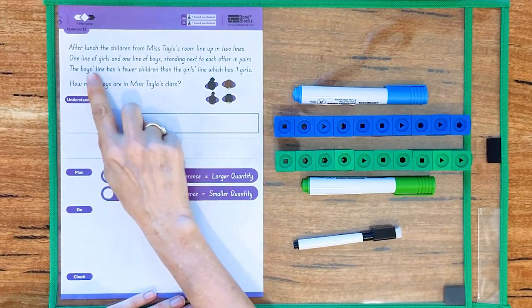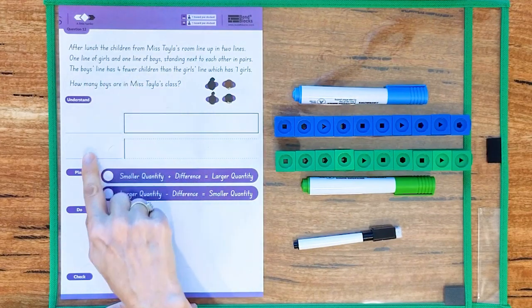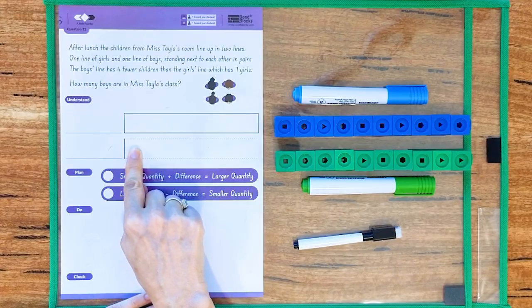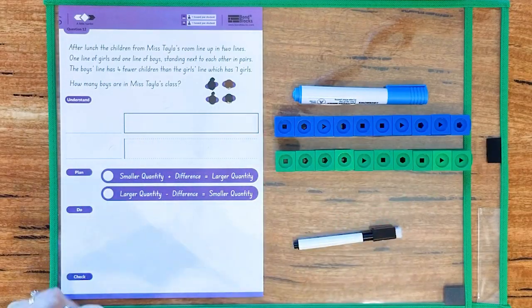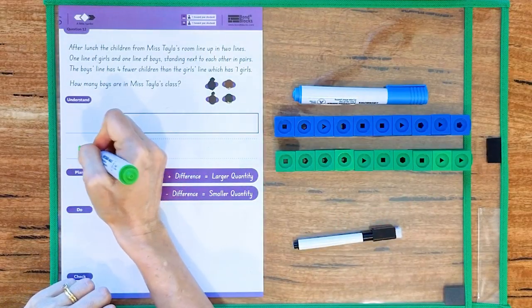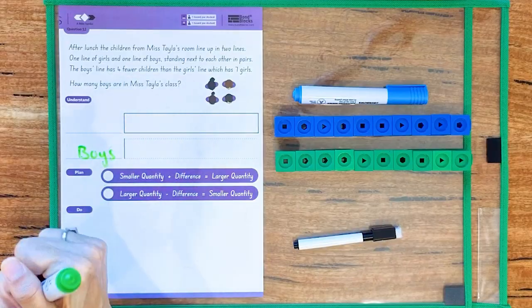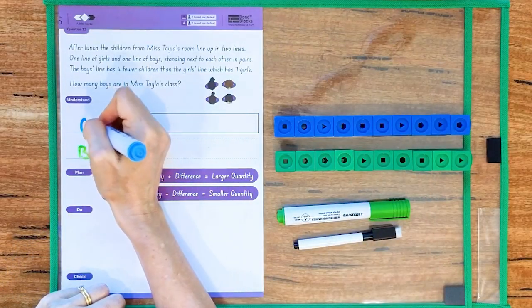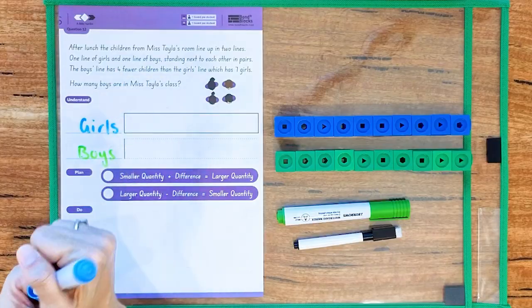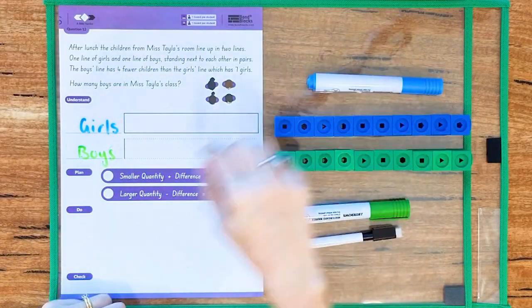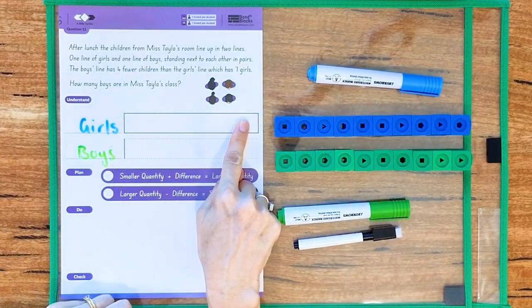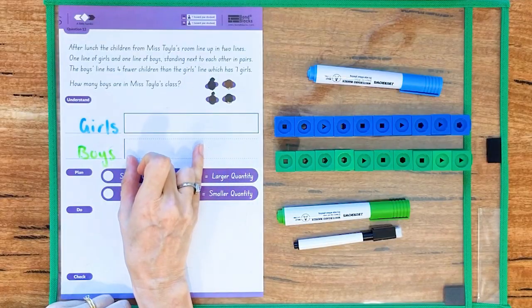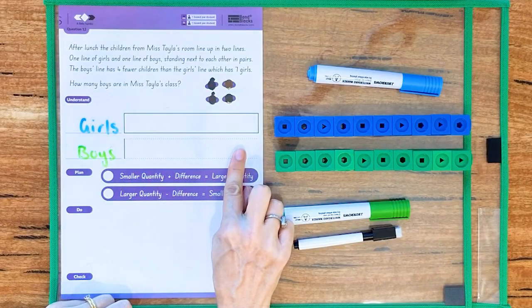If the boys' line has fewer, the boys will go here, which means the girls will have more, and I will put the girls on the top row. The girls will be the largest quantity, the boys will be the smaller quantity, and then there'll be a difference.